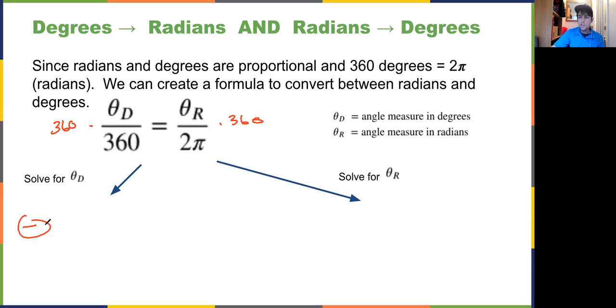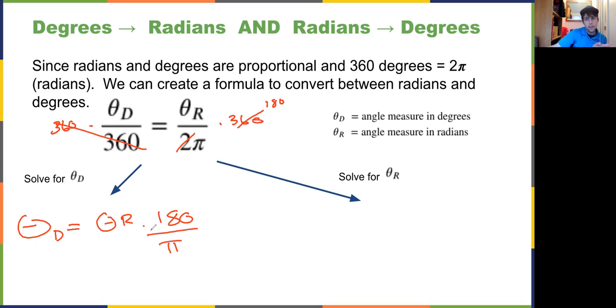So my angle measurement in degrees is going to equal, well, 360 and 2 are both divisible by 2, so I can do that. I'm going to get the angle measurement in radians times 180 over pi.